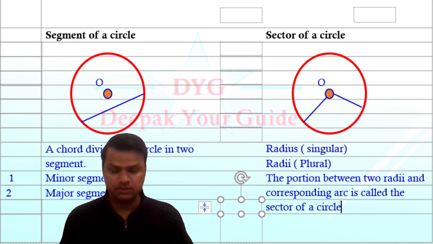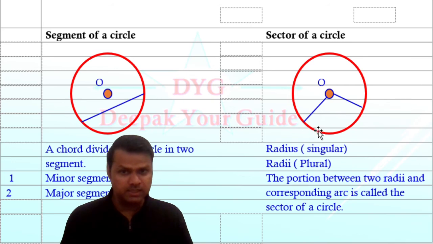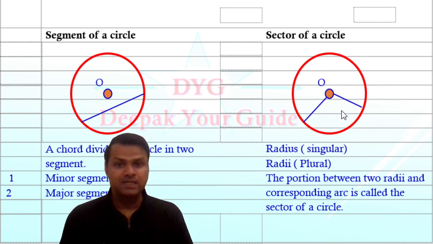Sector of a circle. So corresponding part means if you see this is one radius, this is second, so two radii, and this is the corresponding arc. So this is the portion that you see. This is called the sector.